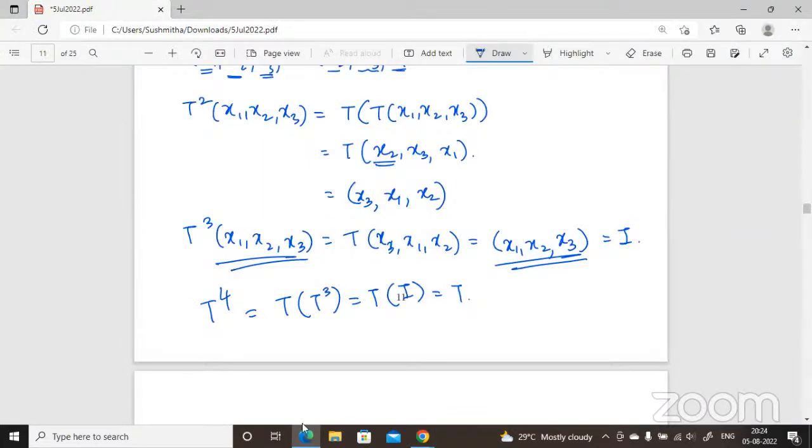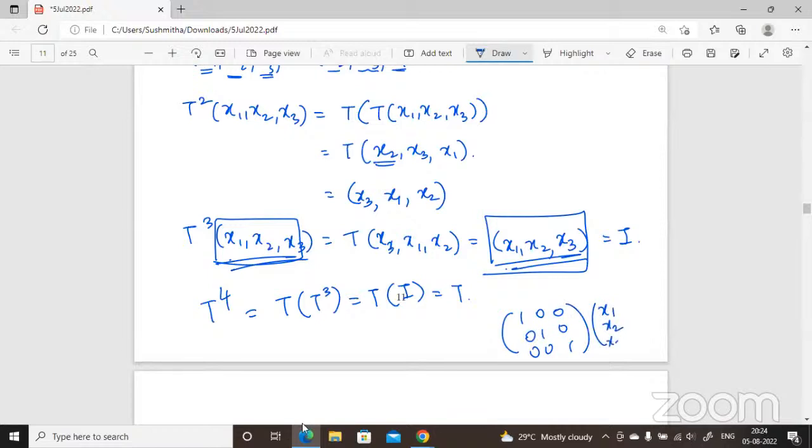That is why it is identity. It is fixing all vectors. What does the identity matrix do? You multiply any vector with the identity matrix, you get the same vector, right? So identity transformation means it fixes the same vector. If a transformation is fixing all vectors, it has to be the identity transformation.